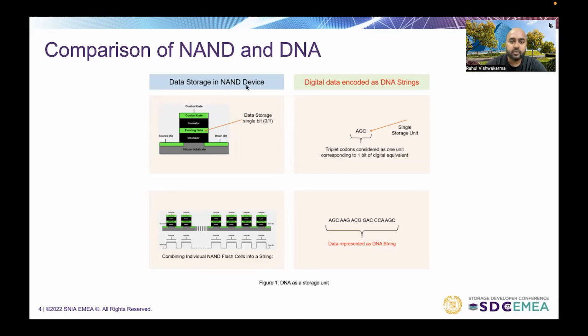Just like we can create an array of NAND flash storage, in a similar way we can also have it for DNA, a sequence of nucleotides. There's always a limit to which we can practically synthesize a DNA string, which is about 100 to 200 nucleotides. After 100 to 200, it becomes difficult to read them again.